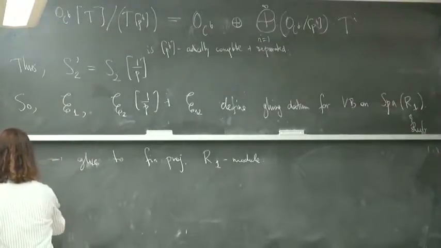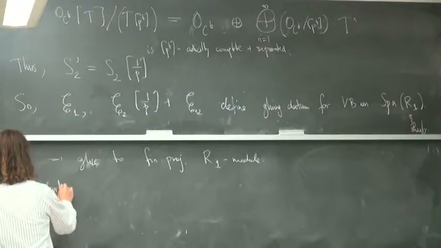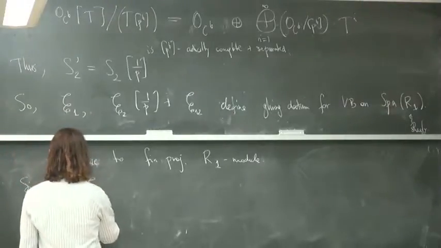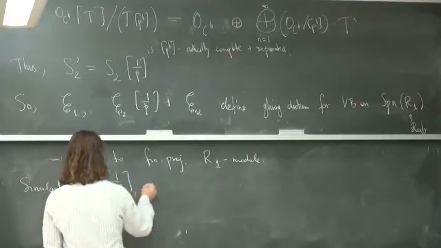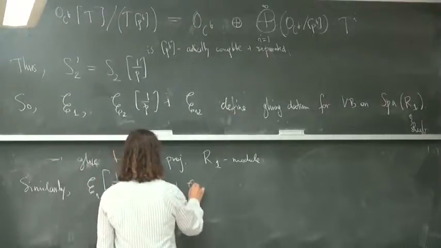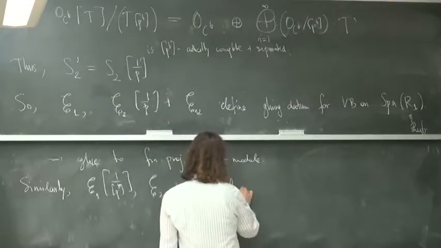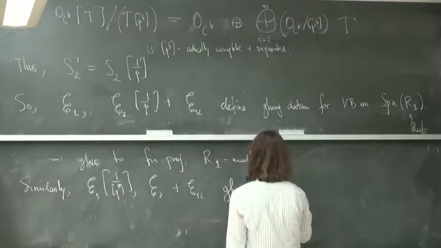So similarly, if you take E1 and red pi flat, E2 and E12 glue to a finite projective R2 module.